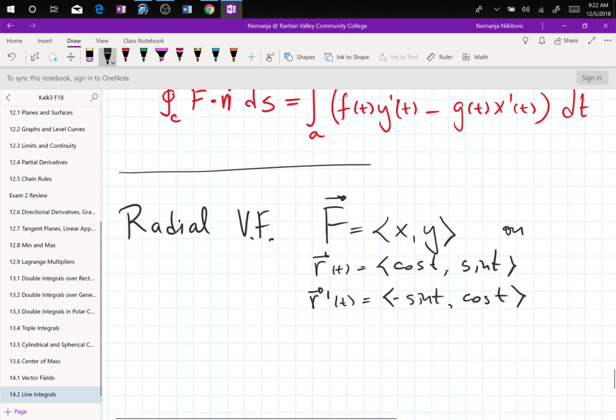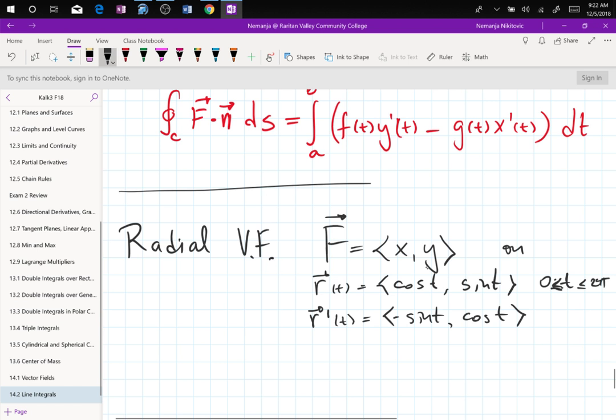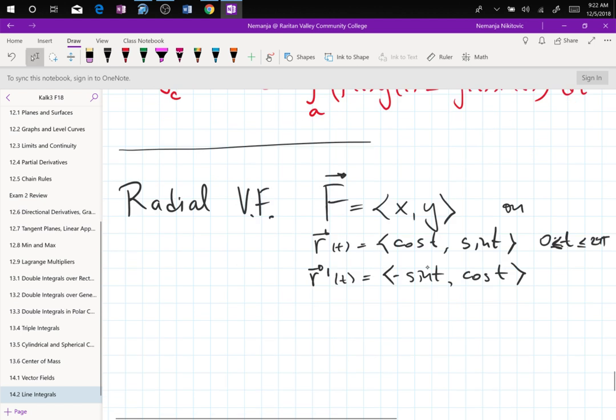So we know that t is stuck between 0 and 2 pi for the full circle. Remember that the curve has to be closed. Can you have less than a full circle?